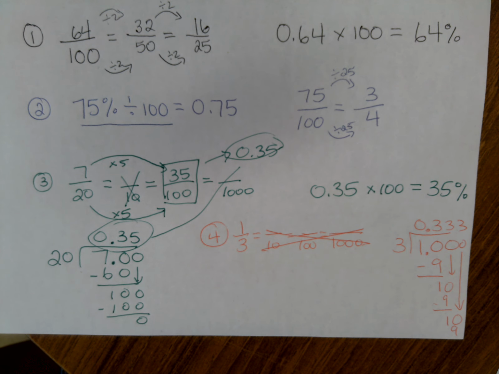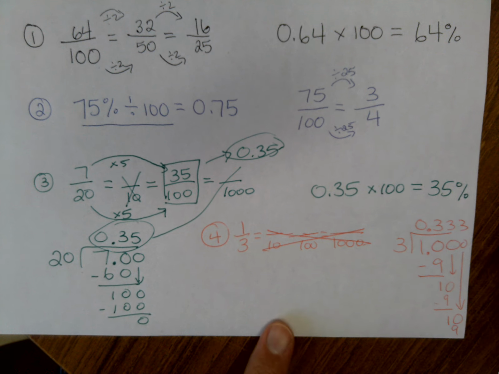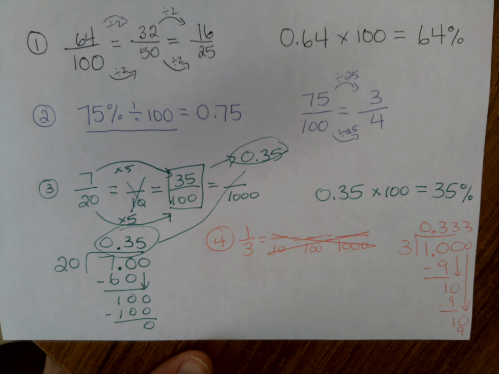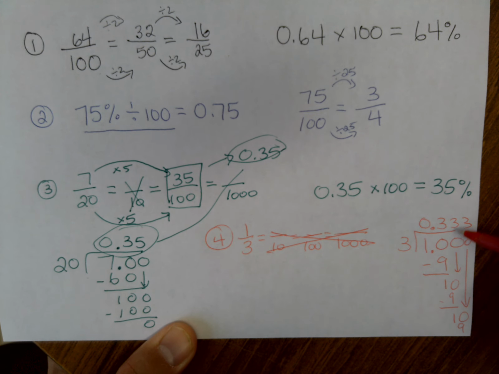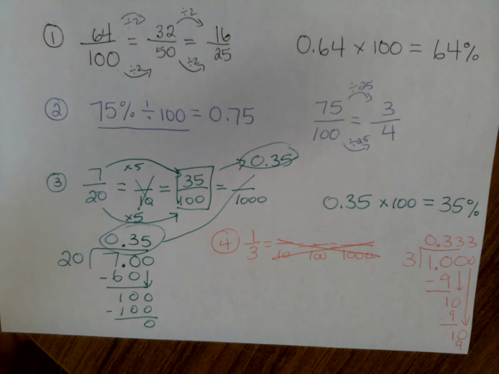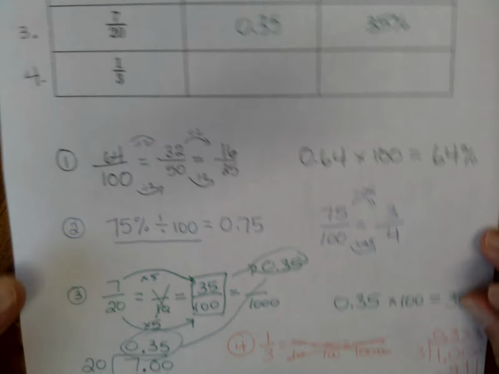So at one point, you have to ask yourself, do I keep going, or is this a good place to stop? And then you're going to use your rounding strategies in order to determine how many decimal places you need. So in this particular case, my decimal is 0.333, and it would go on forever.